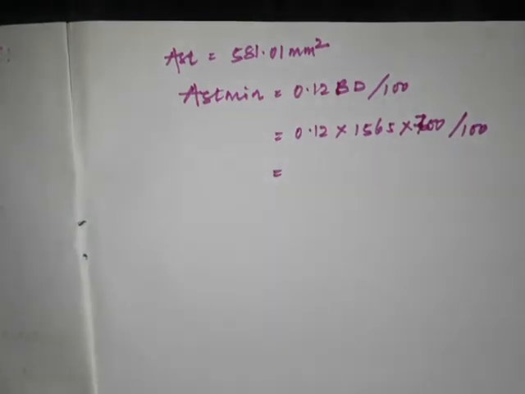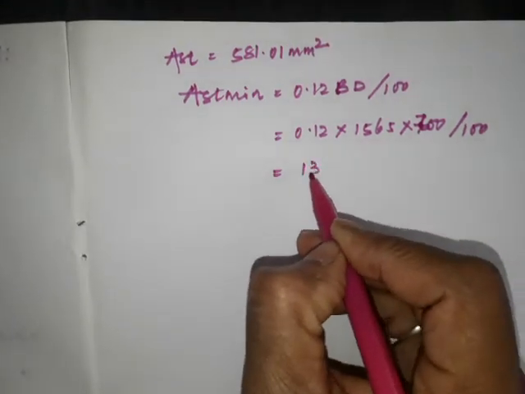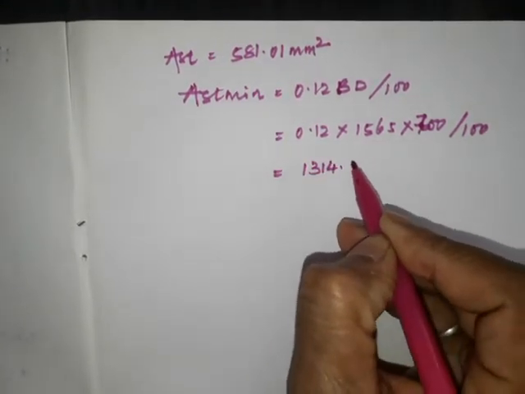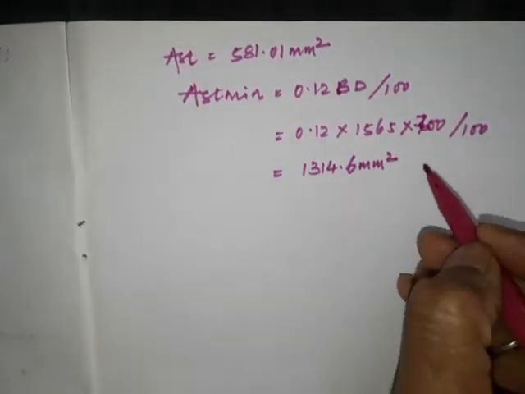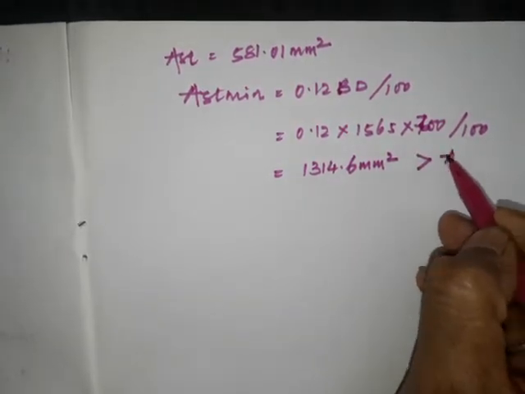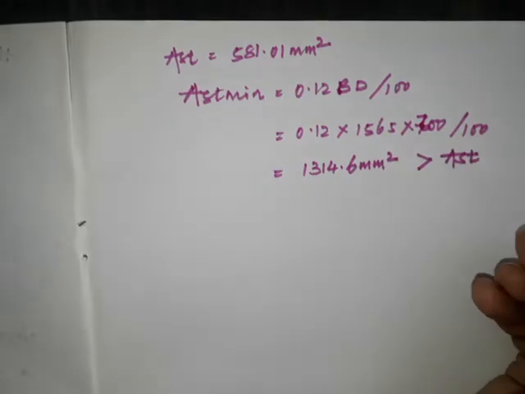So we'll get it as 1314.6 mm square, which is more than AST.